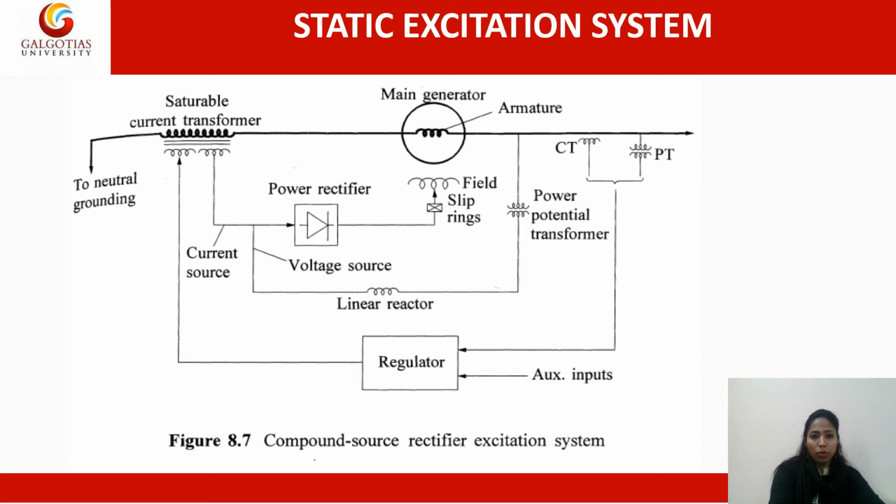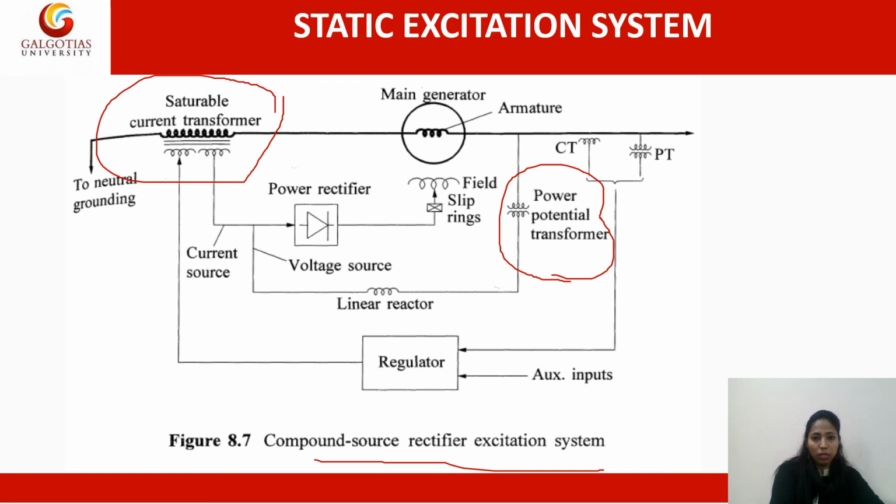Next, the compound source rectifier excitation system, which is also a static excitation system. Here the power is given to the excitation system by using current and voltage. The potential transformer and the current transformer, along with a saturable current transformer, are used, and all are static parts in this excitation system.